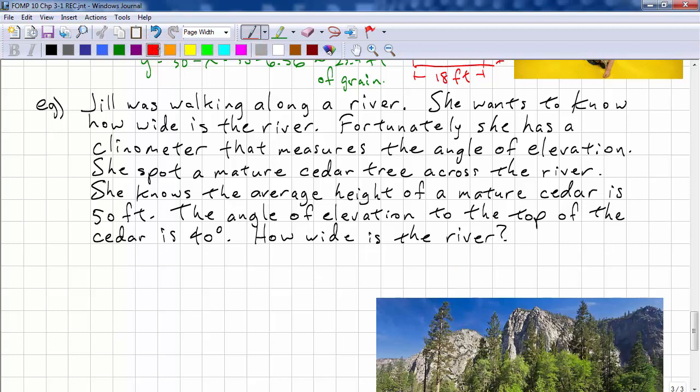So, highlight important numbers or words. Angle of elevation, and how wide is the river.